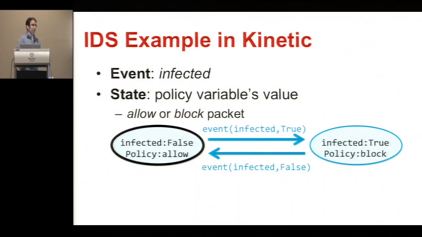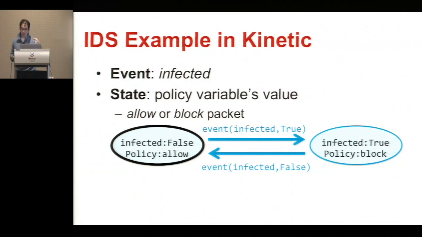You've got an intrusion detection system, or an IDS, and for a particular host, that host is either infected or it's not. So I've got an event, basically, that might come from an intrusion detection system. Here's the beauty.